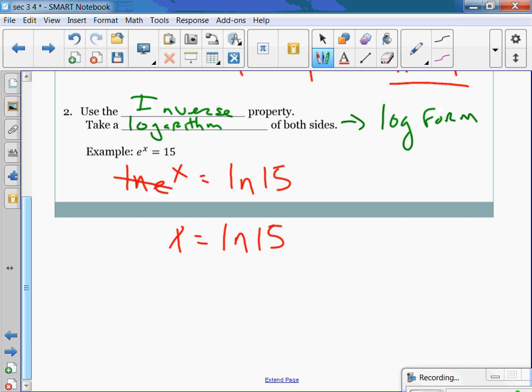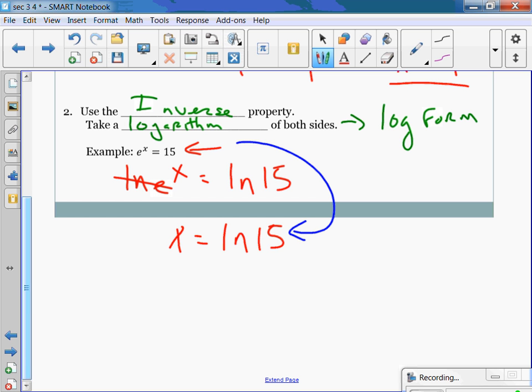If I gave you e to the x equals 15, what form is it in? It's in exponential form. If I say rewrite it in log form, that's exactly what we just did.